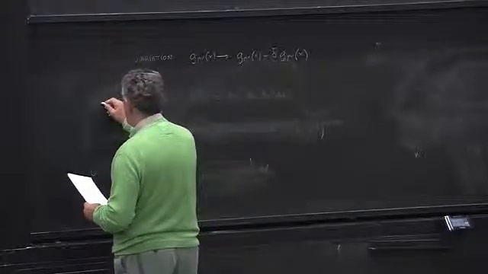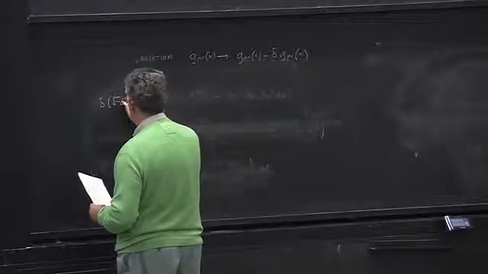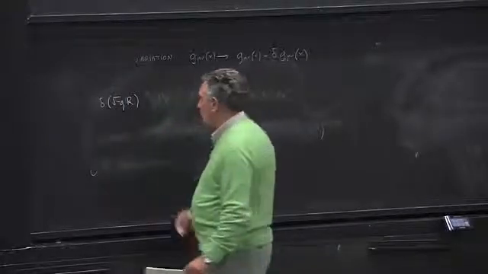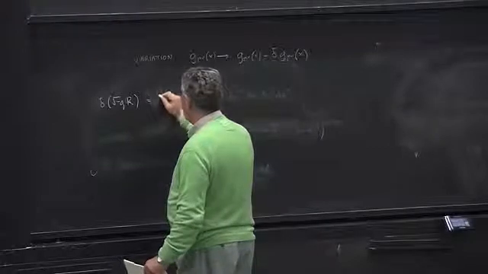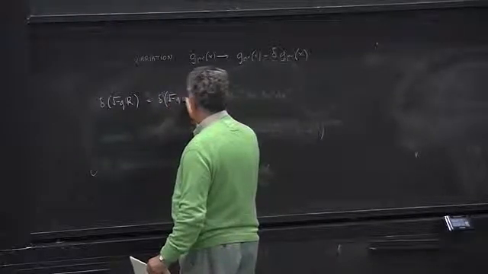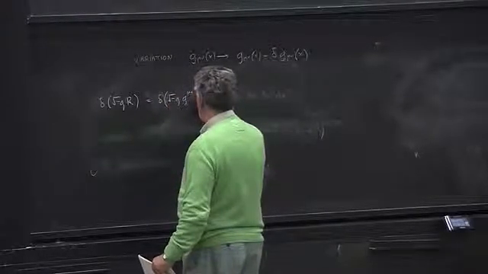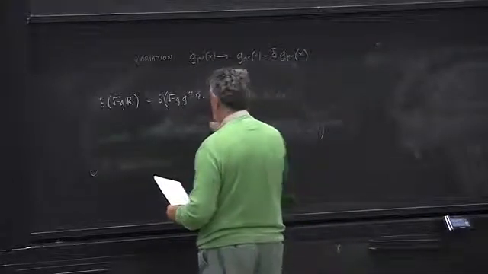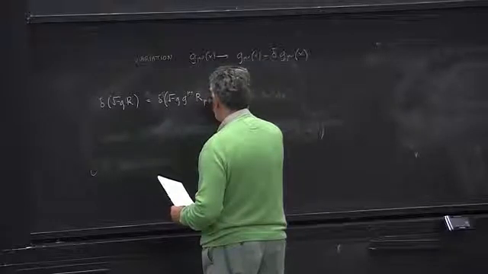Now, delta root minus G R is what we want to compute. But R, you remember, is itself G mu nu times R mu nu.